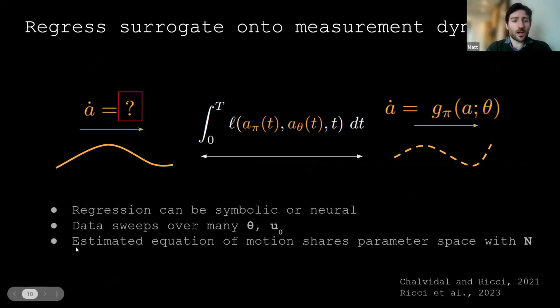And I'll just re-emphasize that this surrogate model, this surrogate equation of motion, shares a parameter space with the original nonlinear operator of the partial differential equation. And that's crucial because now, in order to make interventions at the level of the macroscopic feature of interest, we need only intervene at the level of the surrogate, since it's expressed in the same parameter space.